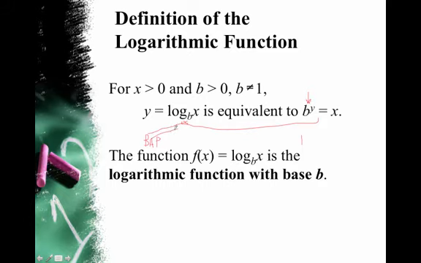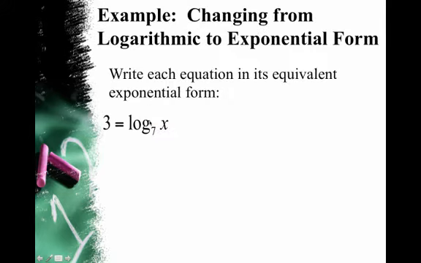The answer to the exponential function goes inside the logarithm, and the power goes on the outside. It may be a little bit confusing with all these b's and x's and y's, but we will definitely be practicing this a lot.